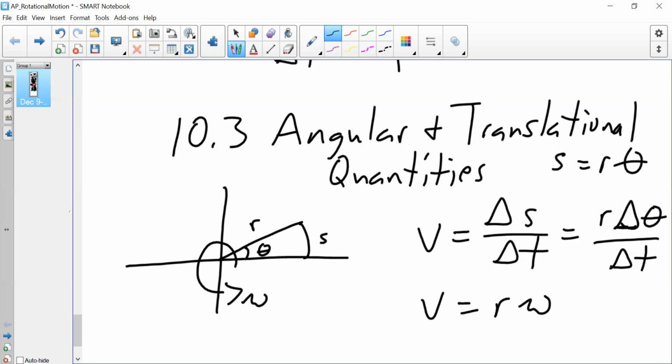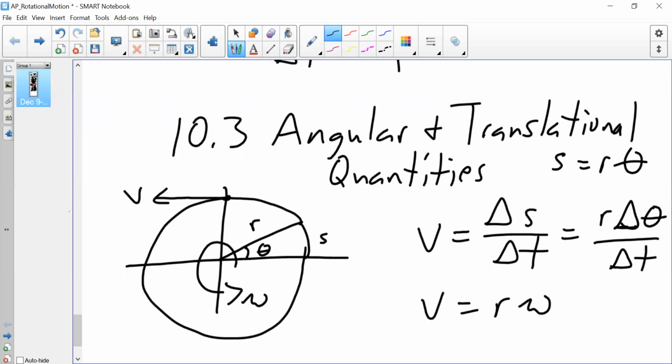The linear quantities are at the edge of the circle. This object is changing its arc length in a certain amount of time. Therefore, it has a linear velocity around the circle, and angular velocity within the circle, coming from the center of the circle. So way out here, we have a particle that's under linear velocity, even as it spins around with angular velocity.